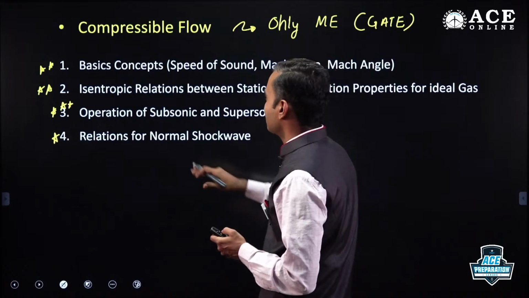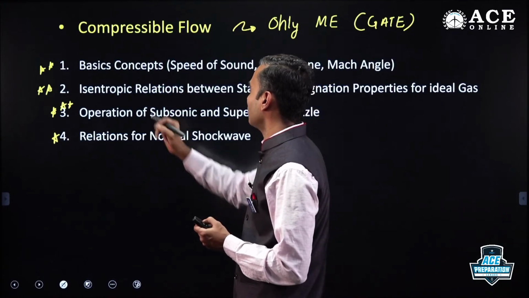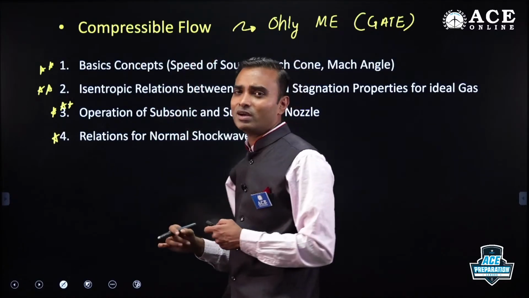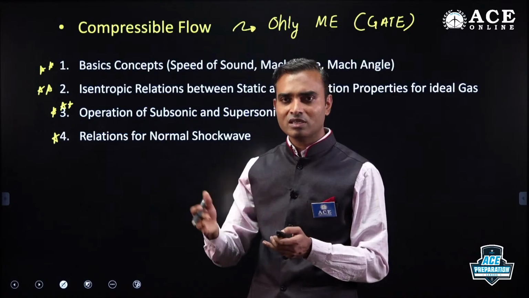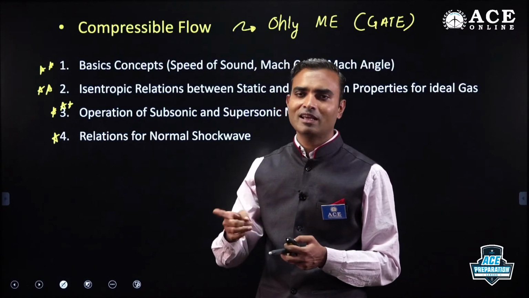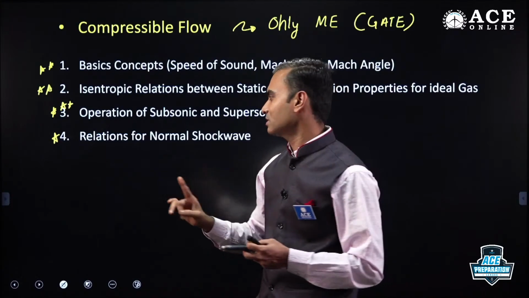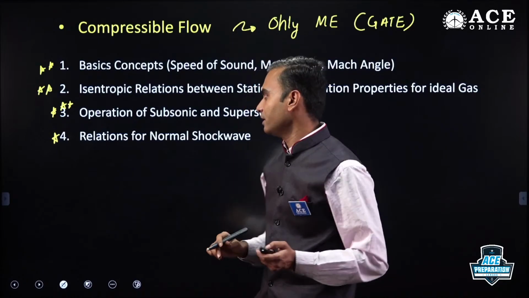So what I recommend is just go through the basics. So whatever chapters of this compressible flow which are covered in books like Cengel, that is good enough. Either you see the Cengel thermodynamics book or the Cengel fluid mechanics book, there will be one chapter on compressible flow. Simply study that chapter, that is good enough for compressible flow. Right.